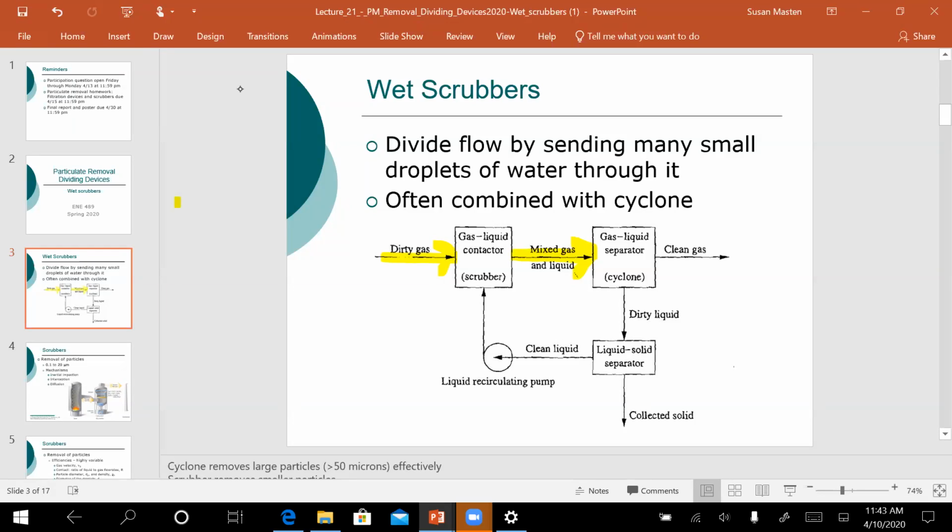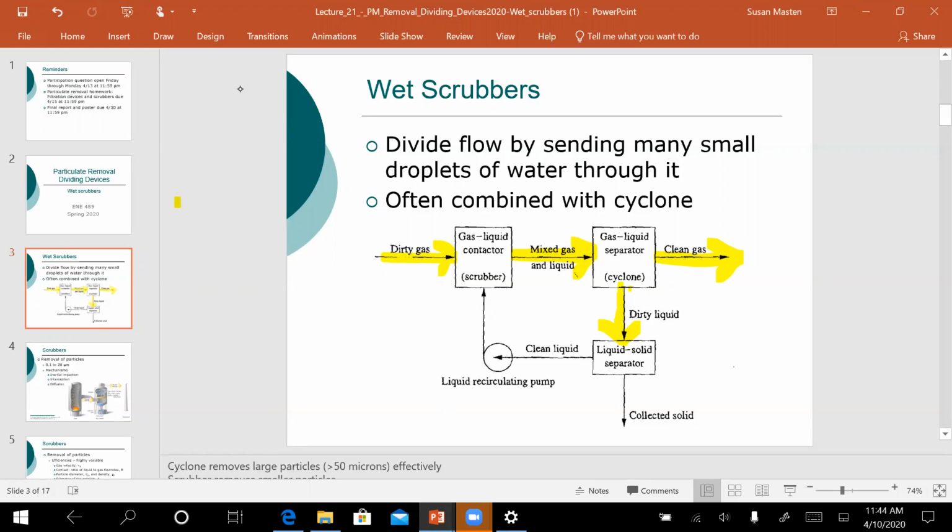So the particulate material that was in the gas is transferred to the liquid. And what we then have is clean gas that we can emit from a stack, and a liquid that contains those particles. So what we've done is essentially to transfer those particulates from the gas phase to a liquid phase.